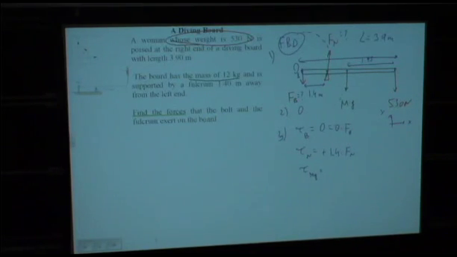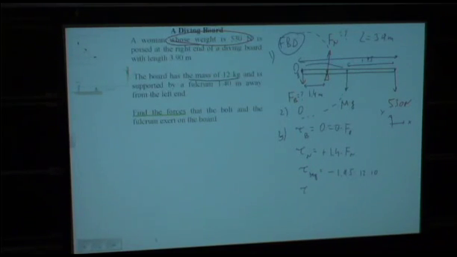The torque due to gravity, the force of gravity acting on the board. First of all, relative to the same axis, it's clockwise, which means its value is negative. It has to be equal to this distance, which is 1.95, times the magnitude of the force, which should be equal to 12 kilograms times 9.8 meters per second squared. I round it up.